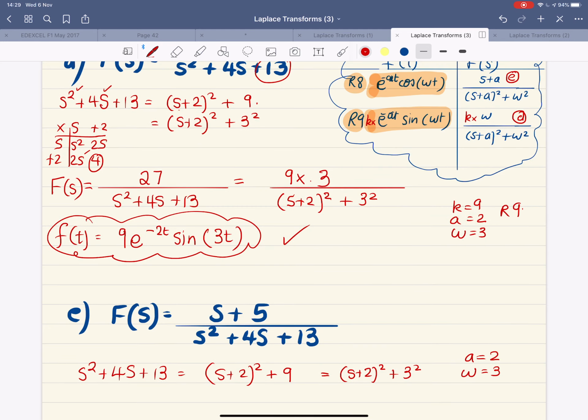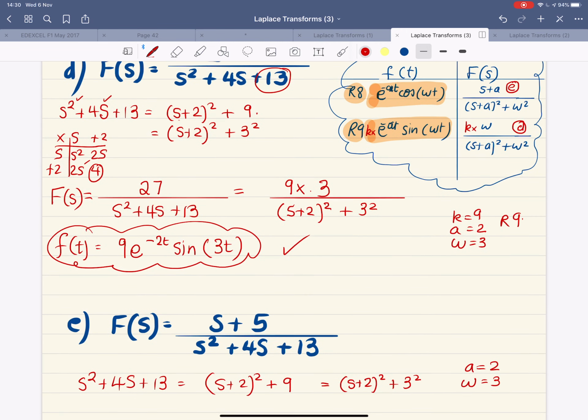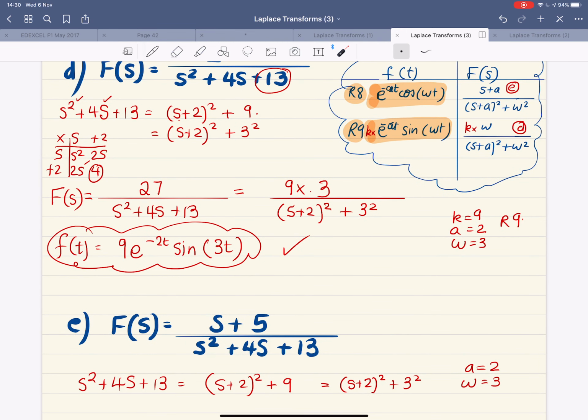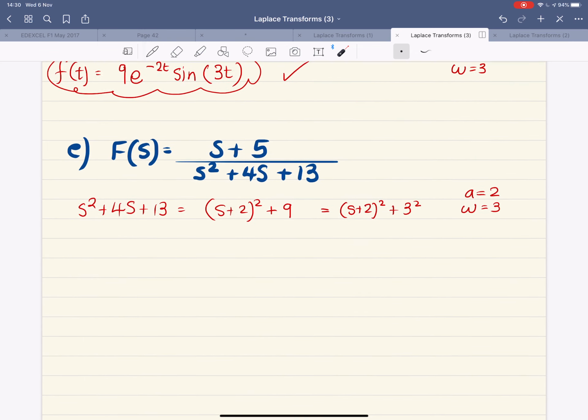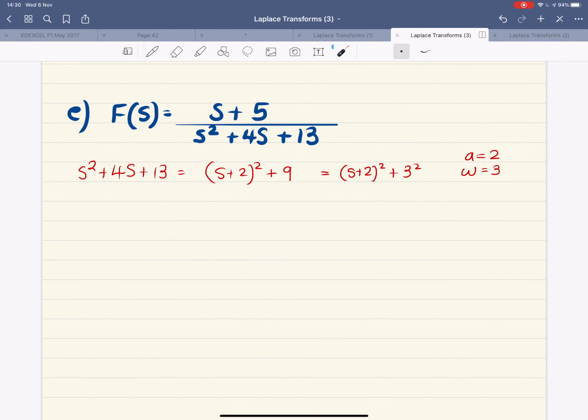But if you look at the numerator here, it's s plus 2. Well, a is 2, and we've got s plus 5. So we need to do a bit of adjusting with this 5 next. The way we do that, we say f of s is s plus 2 over (s plus 2) squared plus 3 squared.